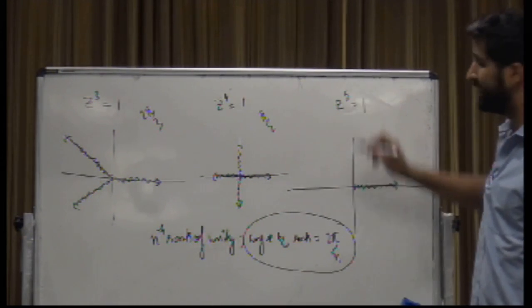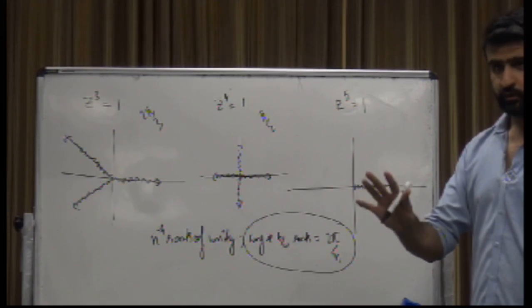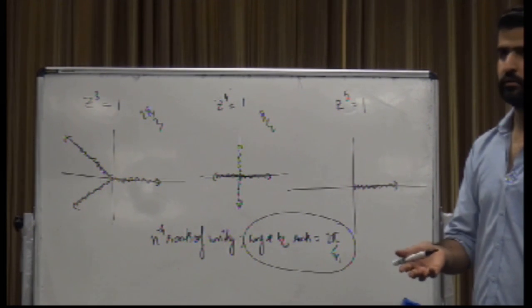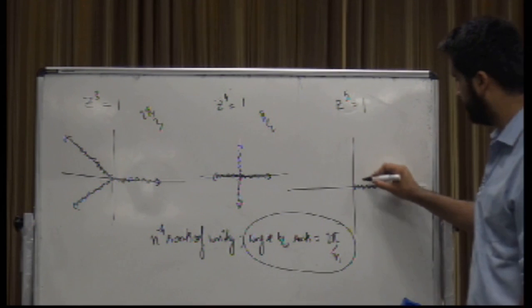Now here I'll get 5 angles, 2 pi by 5, which is actually 72 degrees, right?